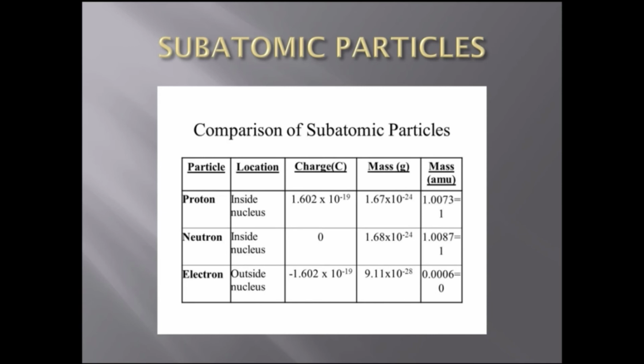Now we are going to see the mass of each particle. The mass of a proton is 1.67 into 10 to the power minus 27 kilogram and the mass of an electron is 1.67 into 10 to the power minus 27 kg. Whereas the mass of a neutron is 9.1 into 10 to the power minus 31 kg.